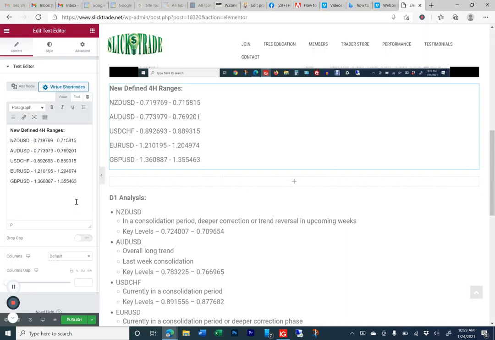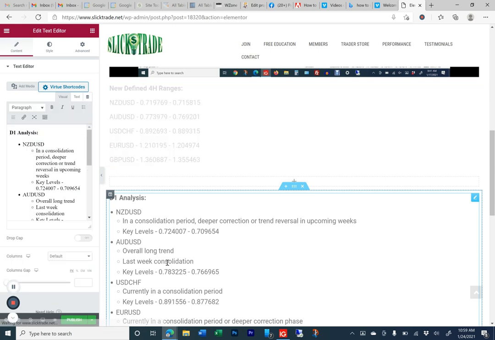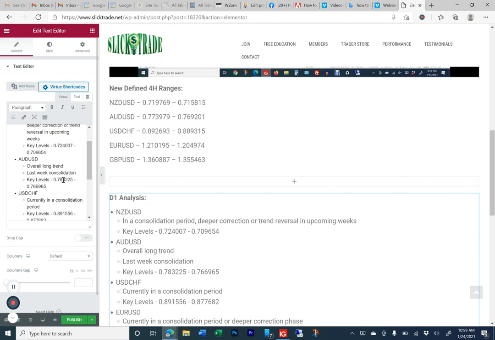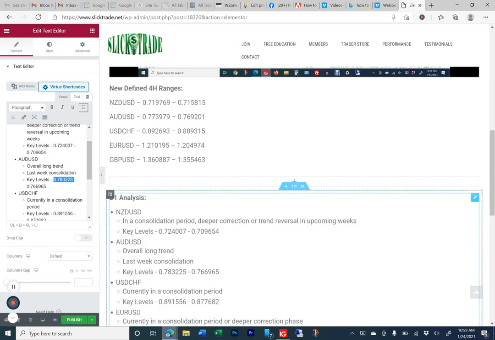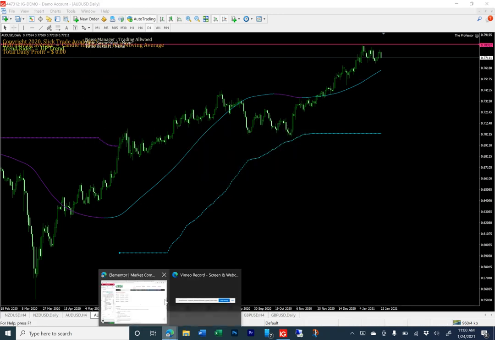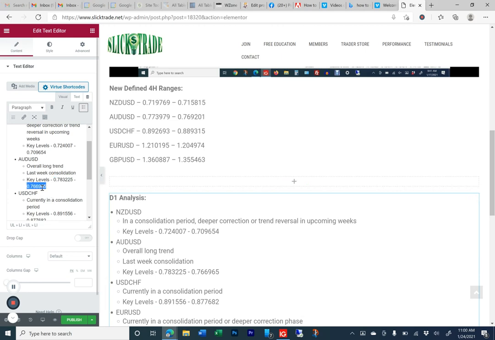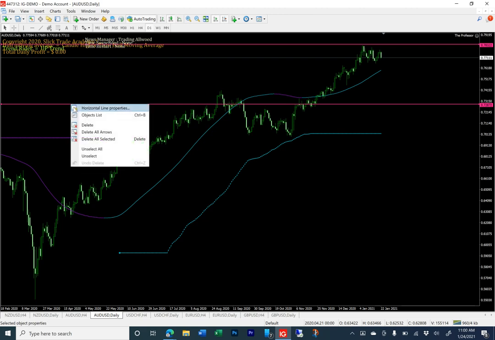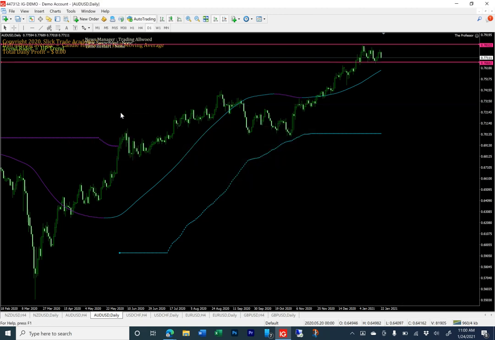The key levels from last week, they're in consolidation. Yeah, we're still in consolidation. Here we go. It's our upper key level and our lower key level here. Okay, see, we're still within that range. Okay, so those key levels will stay the same.